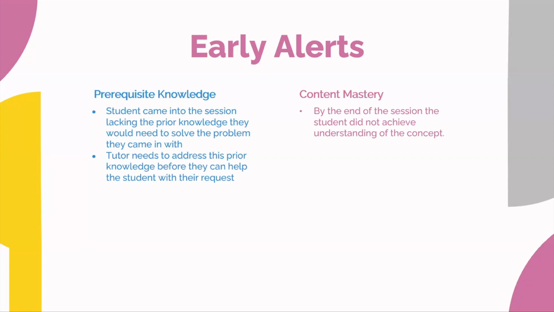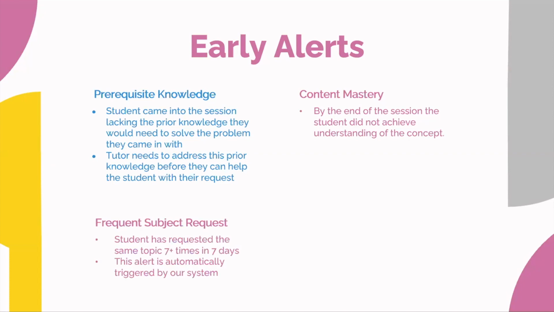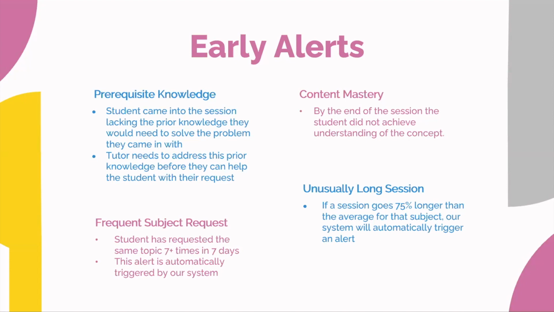Both of these alerts are triggered by tutor responses to the post-session survey. Students may also be automatically flagged if they are frequently requesting help in the same subject over and over again, or if the session was unusually long. These last 2 alerts are automatically triggered by our system.